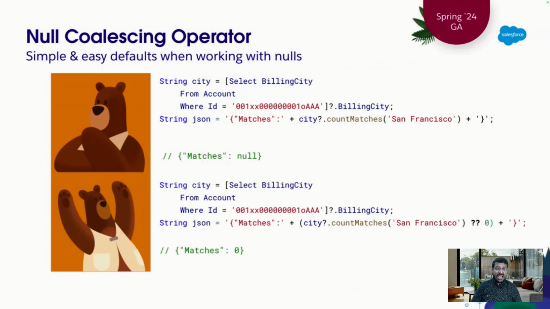Here I'm using the double question mark. So I'm using the same code as above, but now I'm also using the null coalescing operator. So if city is null, it is not going to return null to matches, but rather it's going to return this default value. Now the matches value is 0.